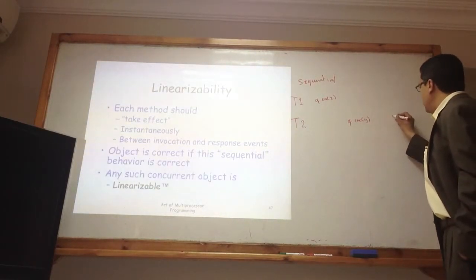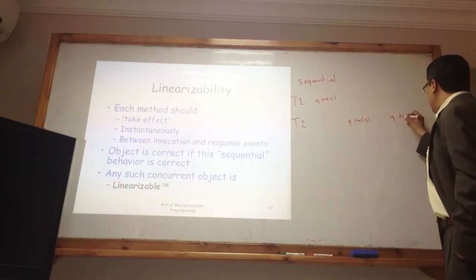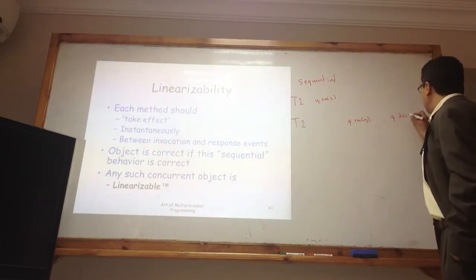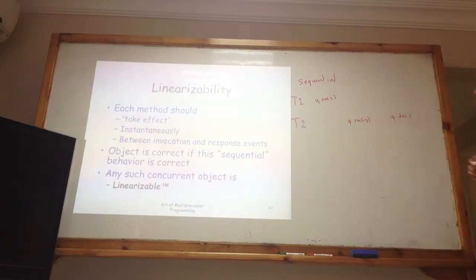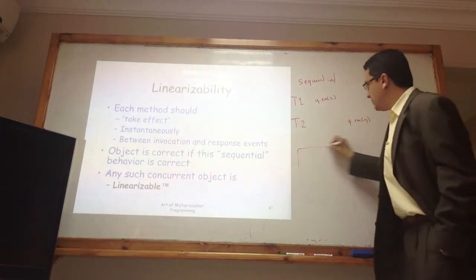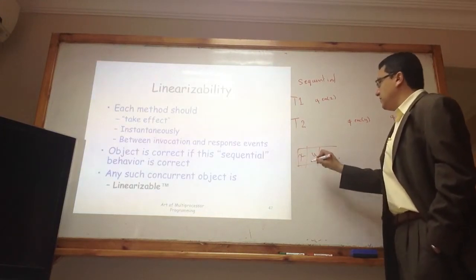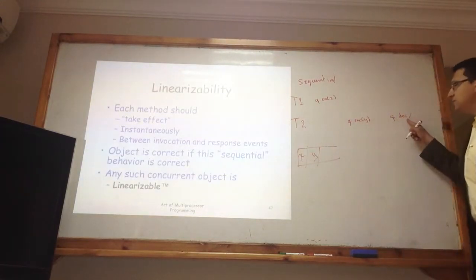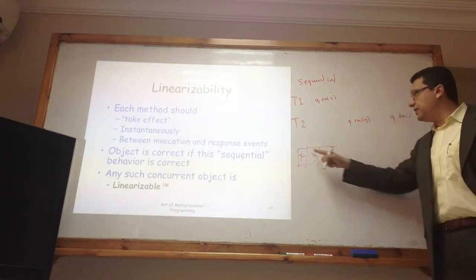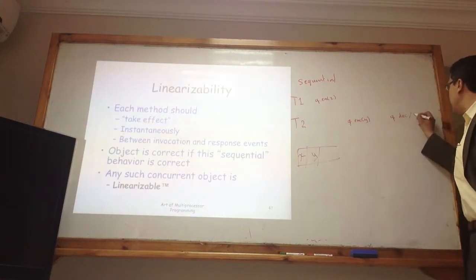So when you do, let's say, a dequeue operation, what would be the result you get? You put X into the queue, and then you put Y into the queue, and then you dequeue. So intuitively you should get X. Right? But actually you can get Y.